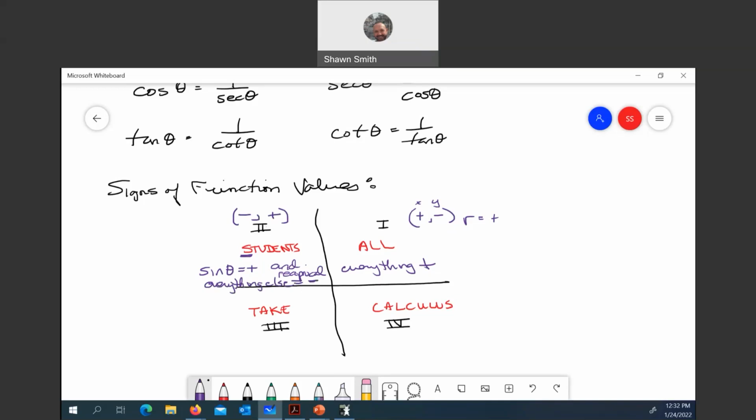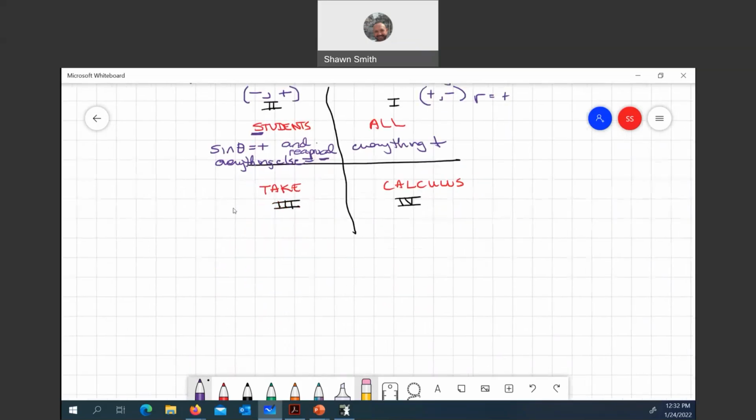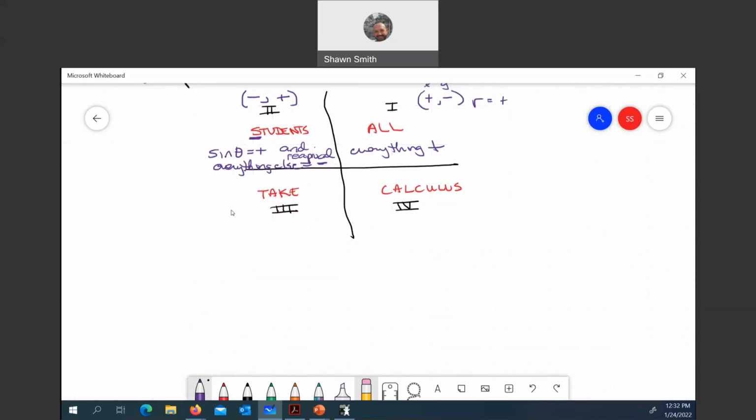And we get to quadrant 3. T stands for tangent. So tangent of theta is positive, and its reciprocal, cotangent, right? Everything else negative.